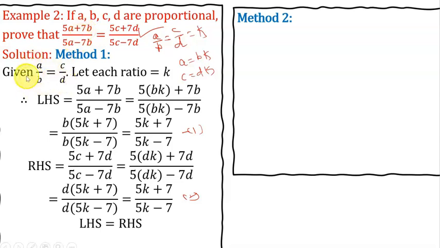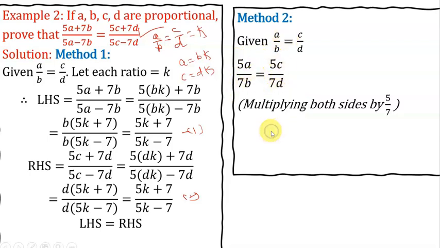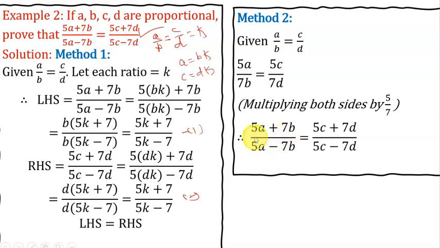That is, multiply these two equalities by 5 by 7. Now see this here, multiply both sides by 5 by 7. Then apply the componendo and dividendo, and you will get the required result: (5a plus 7b) upon (5a minus 7b) is equal to (5c plus 7d) upon (5c minus 7d), using componendo and dividendo.